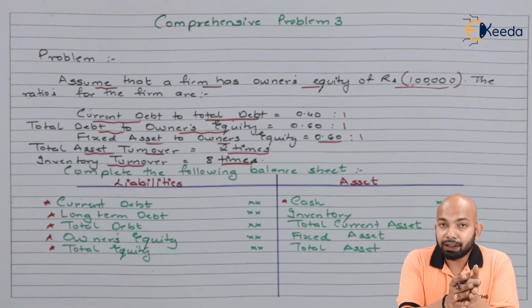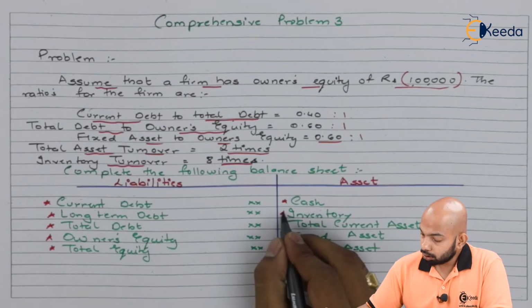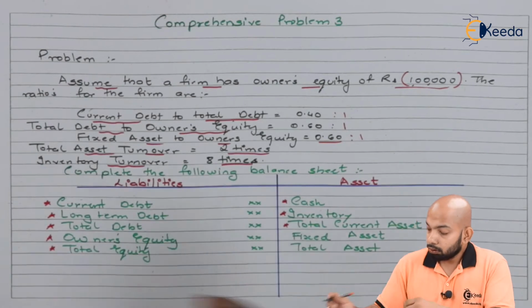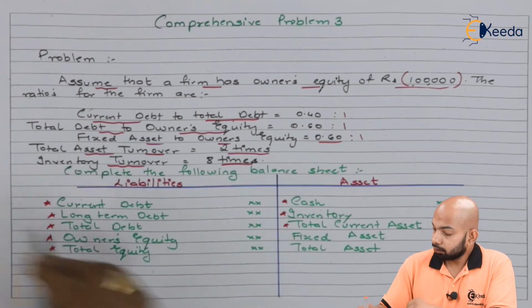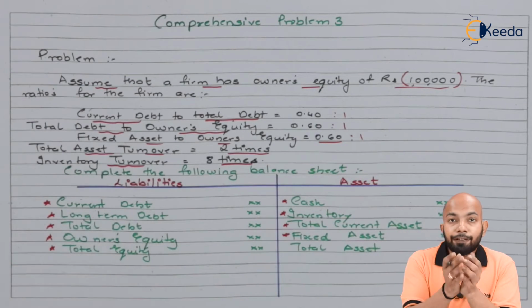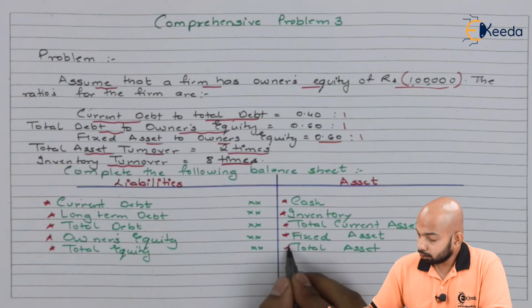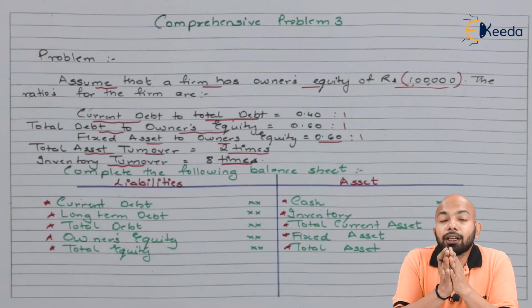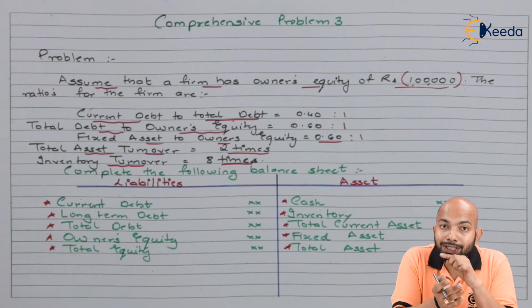Similarly, on the asset side, we have cash, we have inventory, we have total current assets, fixed assets, and total assets. So all these missing figures are what we have to find out using the ratios that have been provided up there.